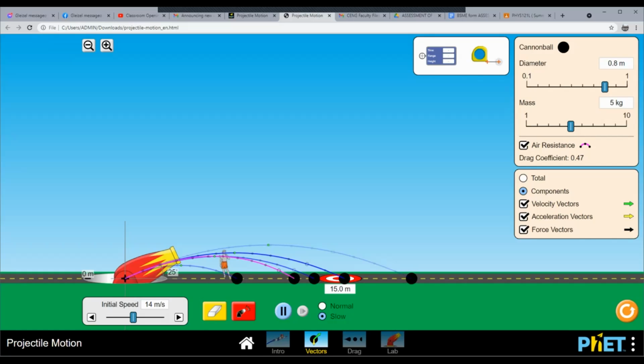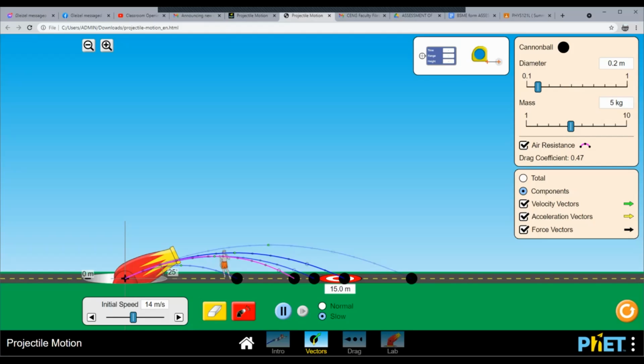So let us try another condition. Ang diameter ng ball dito is 0.8 meter. Ang mass niya, 5 kilogram. So let us try, mas pinaliit natin yung cannonball. Ginawa natin na ang diameter niya, 0.2 meters lang. Okay?